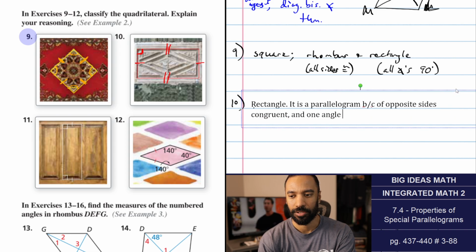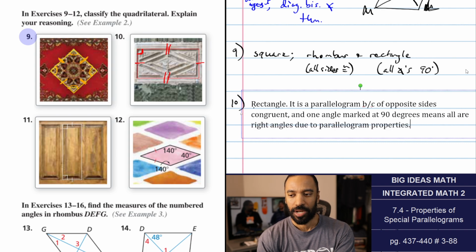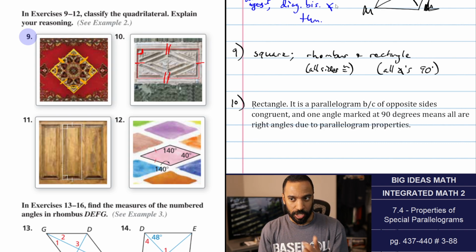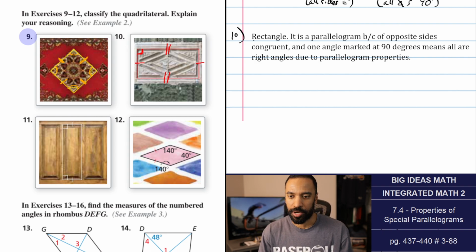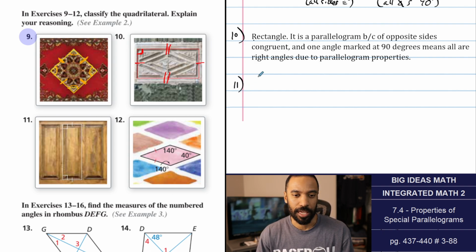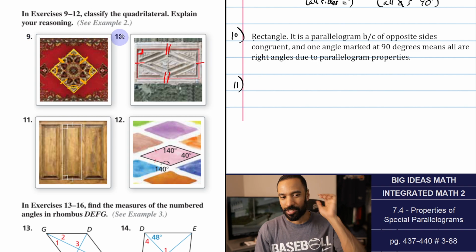And one angle marked at 90 degrees means all are right angles due to parallelogram properties. Again, opposite angles congruent, consecutive angles supplementary, a 90-degree linear pair supplementary with another one makes 180. The other one's 90. Excuse me, I didn't even mark this as number 10 at the time. Okay, so that was number 10.